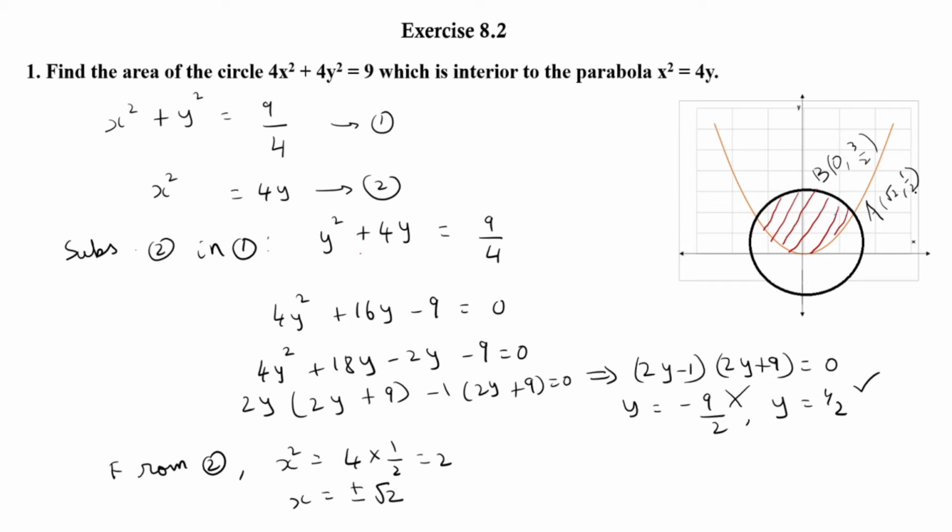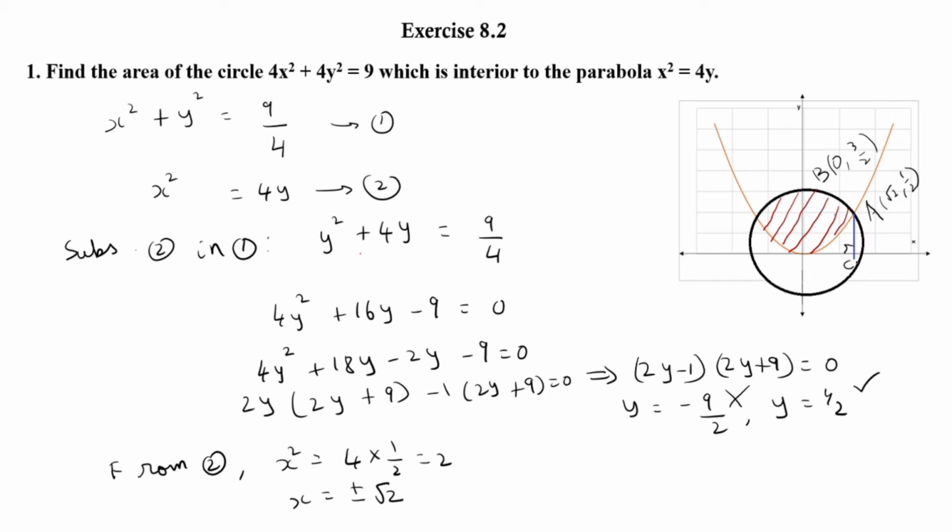So now let us draw a straight line from the point of intersection to the x-axis and let this point be C. Now we know the coordinates for C. The coordinates for C is root 2 comma 0.